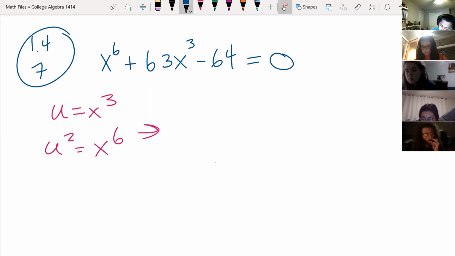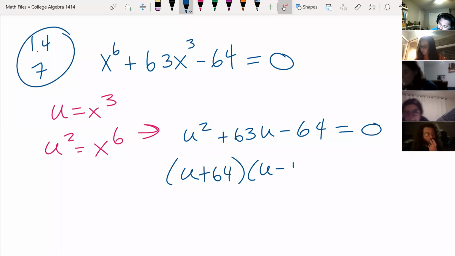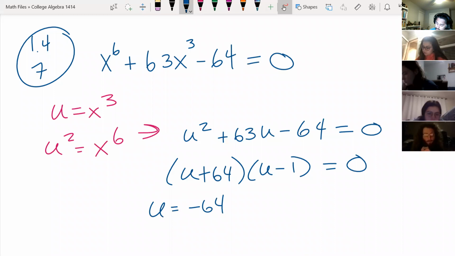Put that together and you have U squared plus 63U minus 64 equals 0. That factors to U plus 64 times U minus 1, so U equals negative 64 and U equals 1.